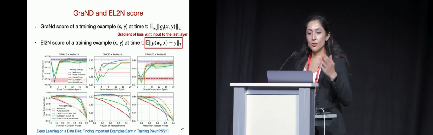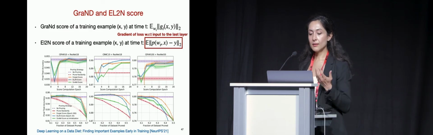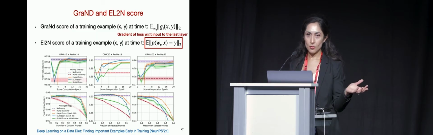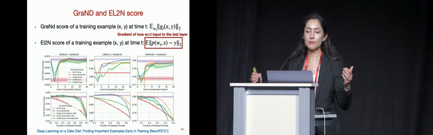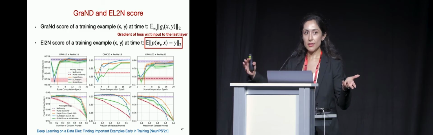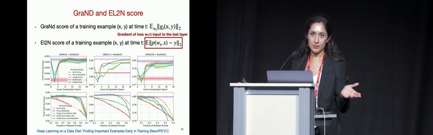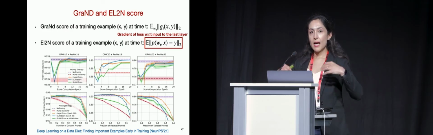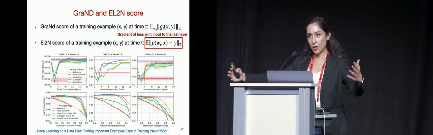Another metric is called L-tune. The way it works is that we train the same model from 10 different initializations. Each of them we train only for 20 epochs, right? I'm talking about training ResNet on CIFAR10. Now, after 20 epochs, we have 10 models.